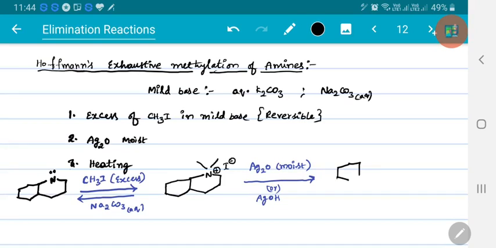That intermediate may be, you may get a positive charge here, which is balanced by OH minus, and that Ag plus takes I minus to form AgI, which gets precipitated, right? And so this is the intermediate generated.